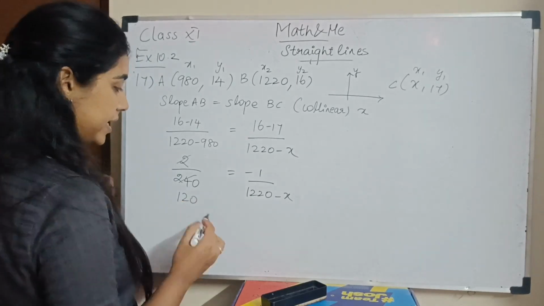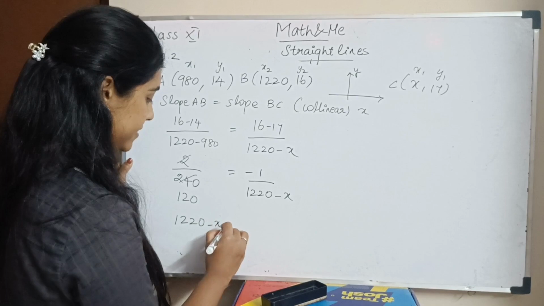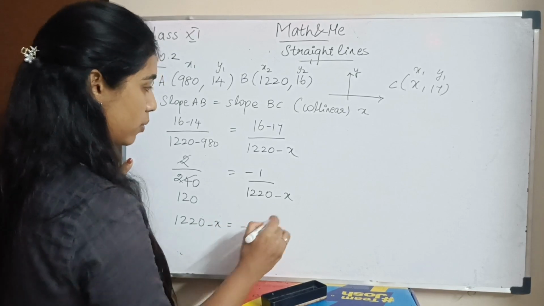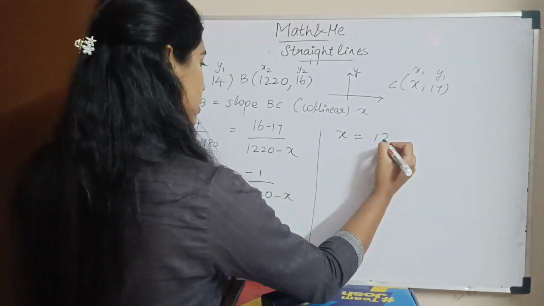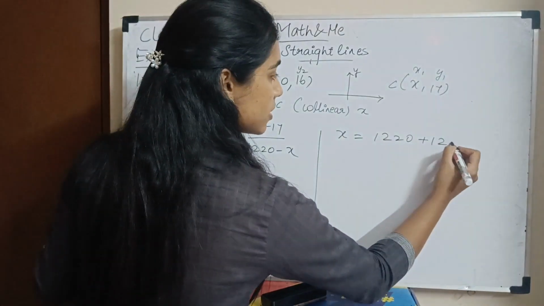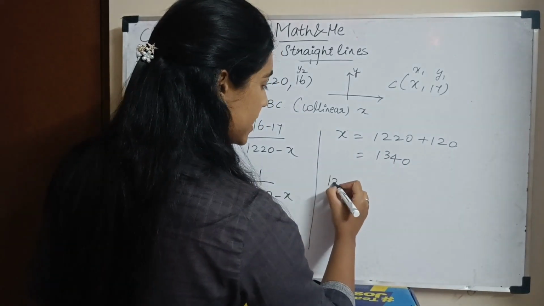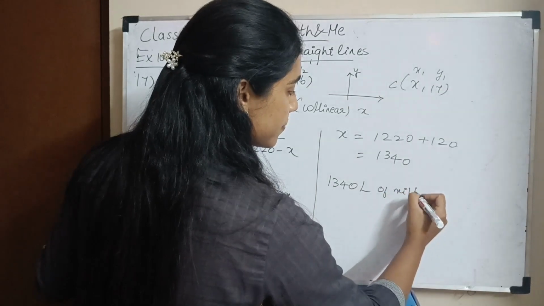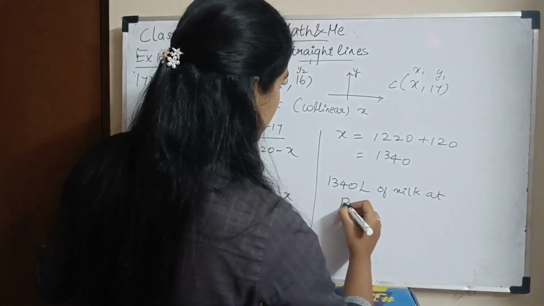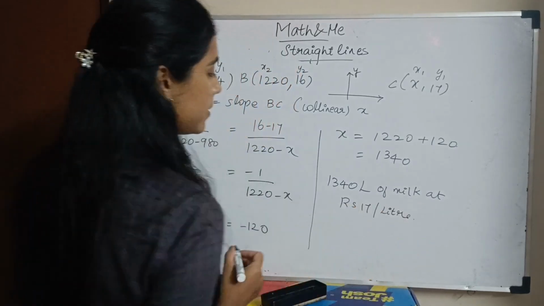So this is 120. I'm going to cross multiply. So you have 1220 minus x equals minus 120. So when I try to solve this, I take the x. I have 1220 plus 120. So what is it? 1340. So basically the farmer sells 1340 liters of milk at rupees 17 per liter. Okay.